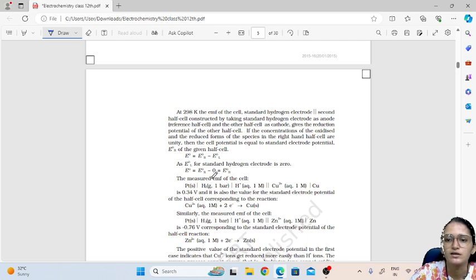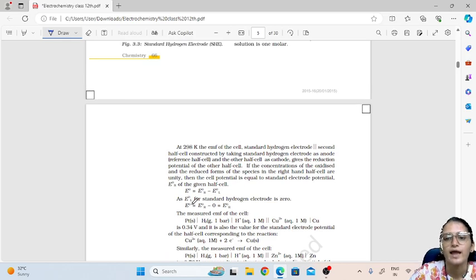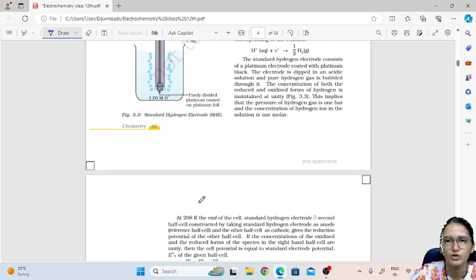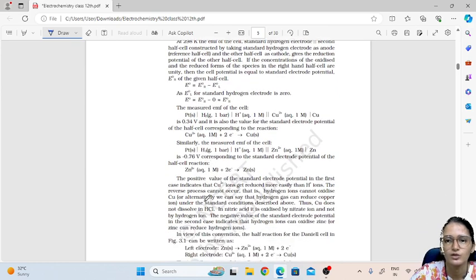Now its reduction potential is 0, since it is a reference electrode and has 1 molar concentration, the electrode potential is 0. So if you consider this particular cell, platinum, H2, H plus, and copper 2 plus and copper, here copper is gaining electron to form copper, and hydrogen is losing electron, okay.